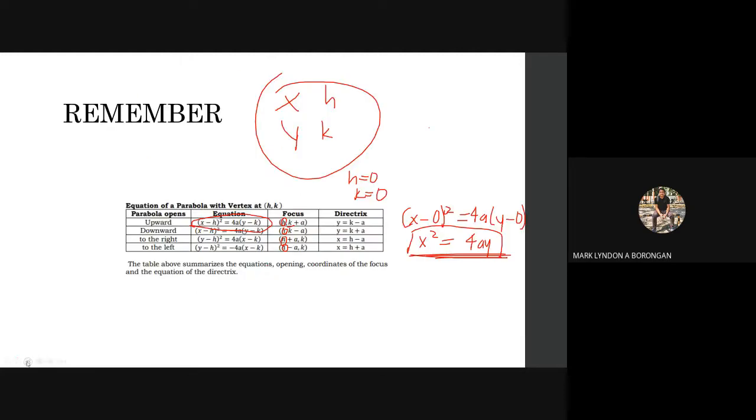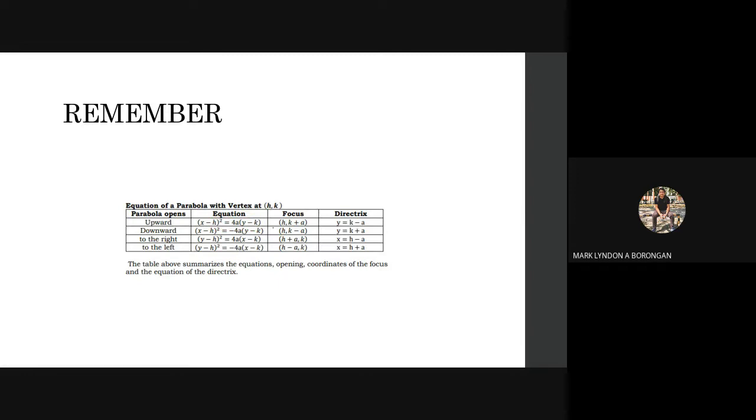Find its standard equation, and what are its directrix and its axis of symmetry. So what you will do here is refer to the table, since we have a graph. In our table, the focus is located at h.